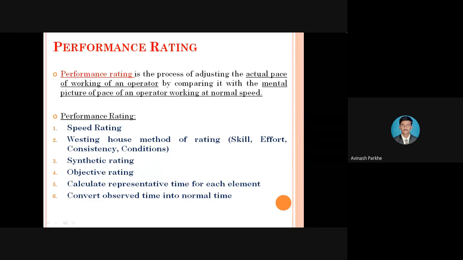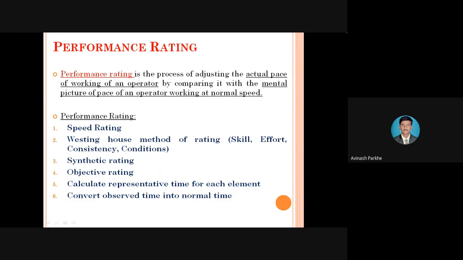For example, if one object can be completed within 1 hour, then 1 hour is the normal time. But observed time means whenever the operator is actually working on a machine, during that working condition, the amount of time actually required, which we calculate, is called the observed time.